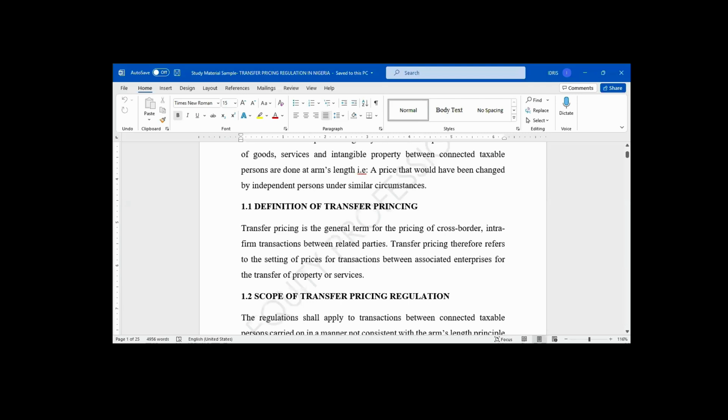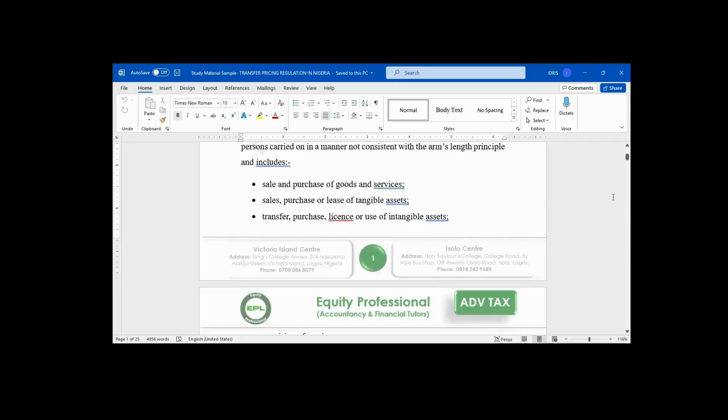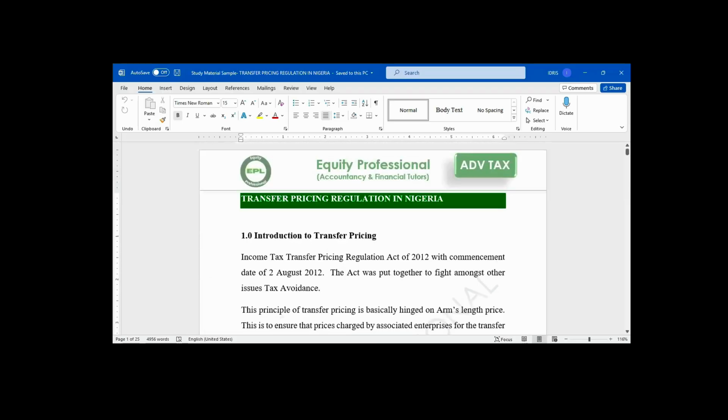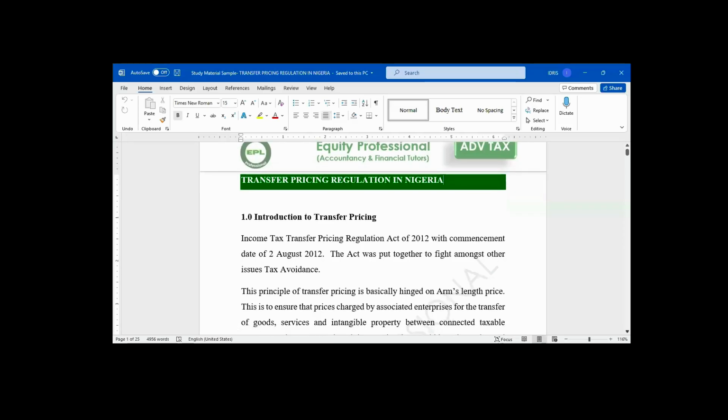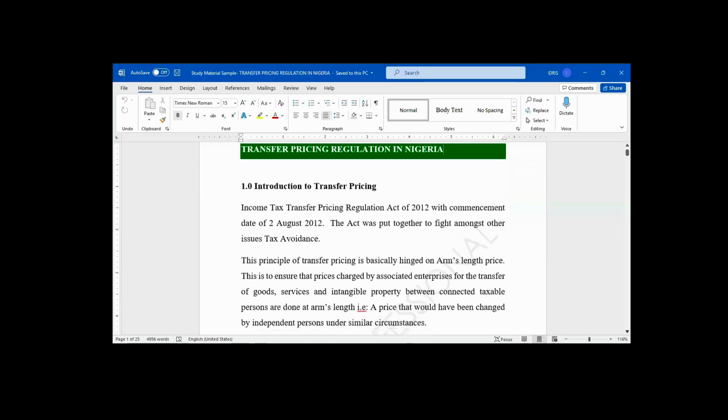Now, what is the scope of transfer pricing, or the transactions in which transfer pricing will be regulated? FIRS, in Nigeria, is the one that regulates transfer pricing. That means they determine the fair price at which goods and services will be transferred between two interrelated parties, so that the price is at arm's length and not an arbitrary price. So FIRS fixes the price.